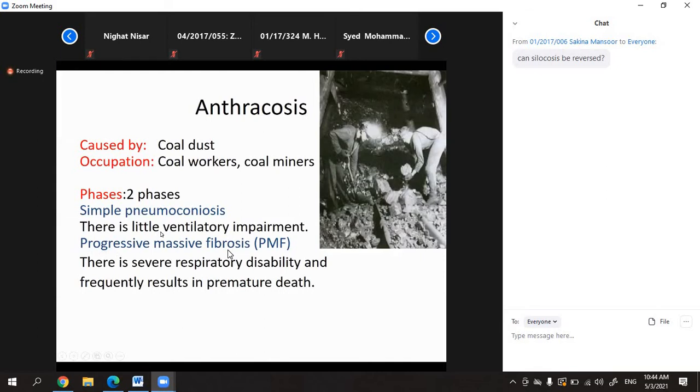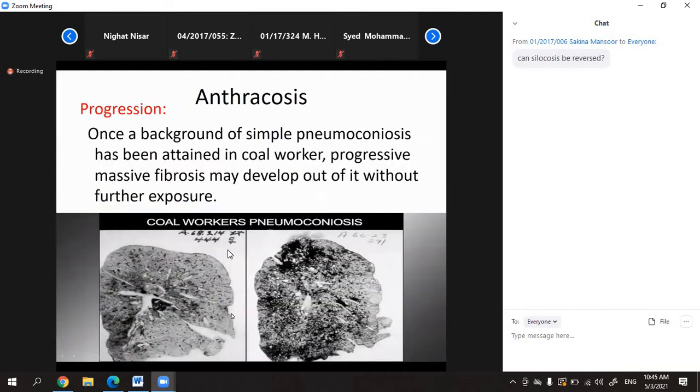Then if it is untreated or undetected, progressive massive fibrosis occurs, which is a serious respiratory disability and frequently results in premature deaths. Once progressive massive fibrosis occurs, it is irreversible, and unfortunately, the fatality is very high.